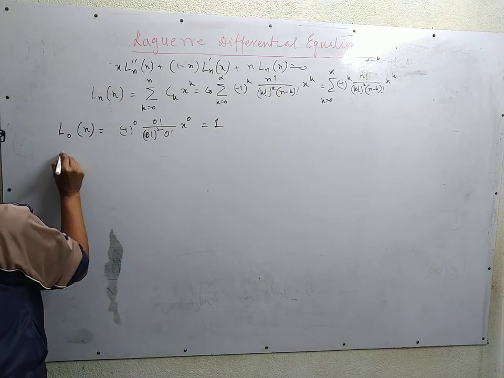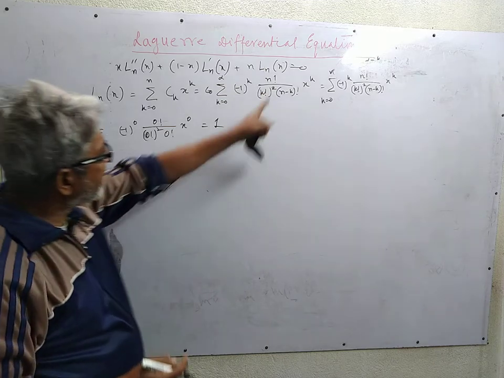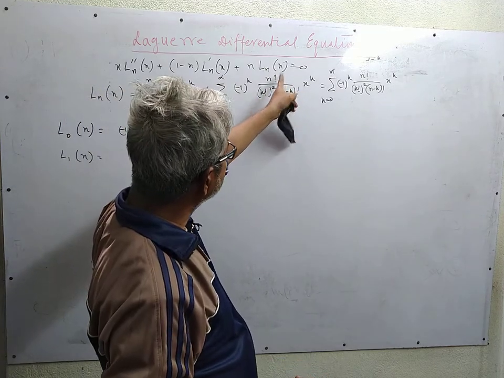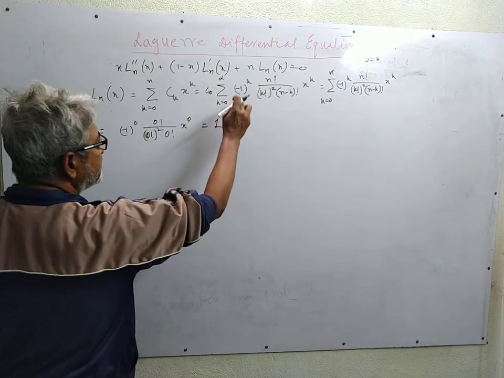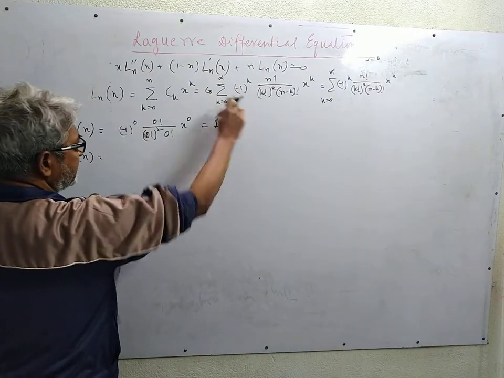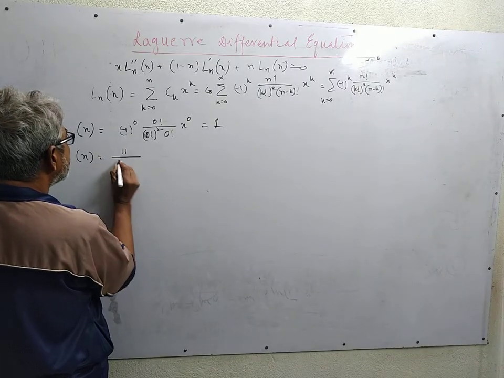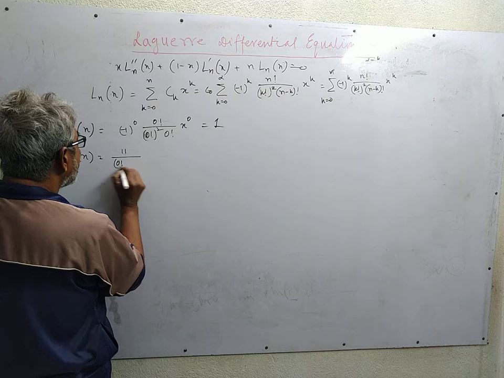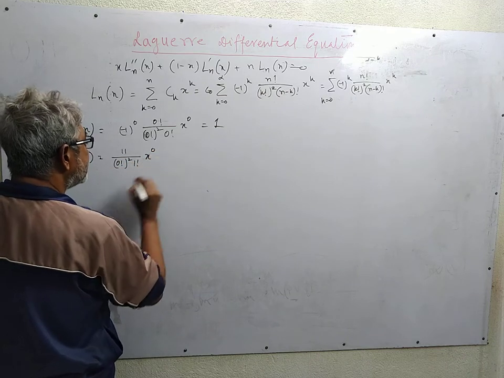Now come to L1. In this case we put n equal to 1 in this equation, and k has two values, 0 and 1. So for k equal to 0, the phase factor is 1. This is 1 factorial, and in the denominator we have 0 factorial square times 1 factorial, x to the power 0.